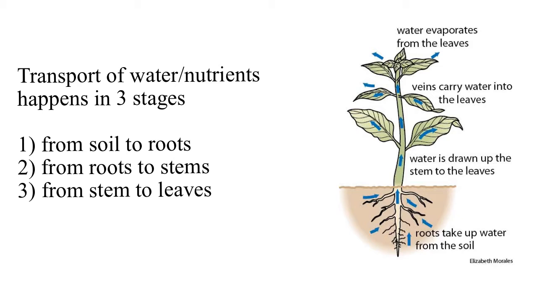And this transport of water and nutrients is going to happen in 3 stages. The first stage is going to be from the soil into the roots. The next stage is going to be from the roots and up the stems. And then it's going to be from the stems and into the leaves, as well as out. So we're going to get into each of those steps in detail.